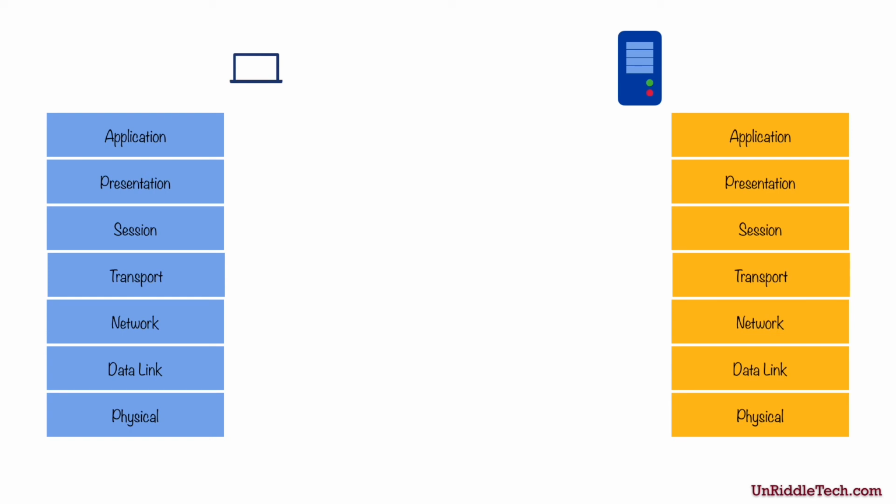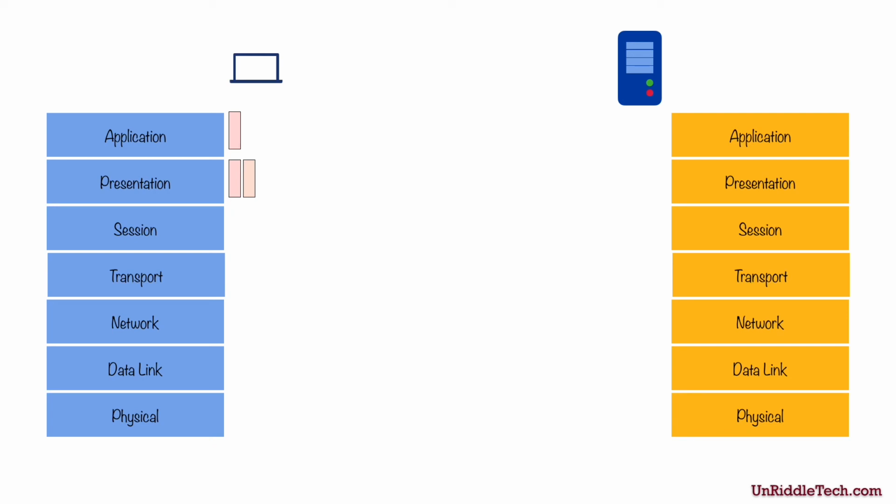First, you may open the web browser in your laptop and type the website address. HTTP or HTTPS may be the protocols used in the application layer. This information gets added here. Information about data formatting, encryption and compression will be added in the presentation layer.